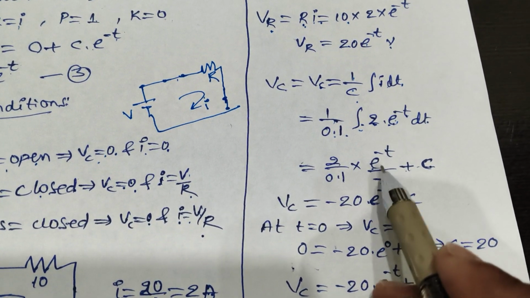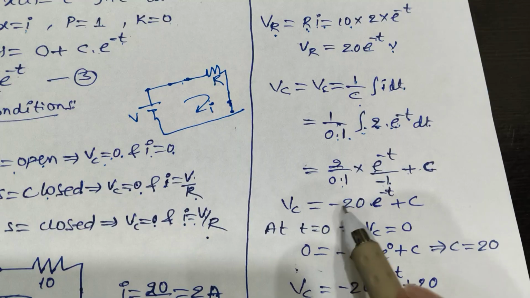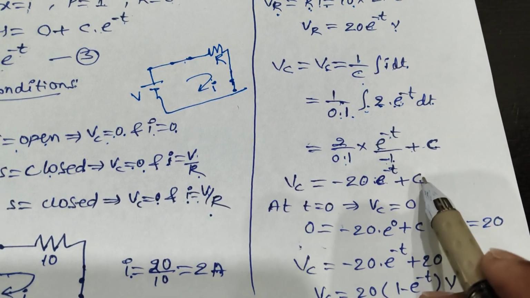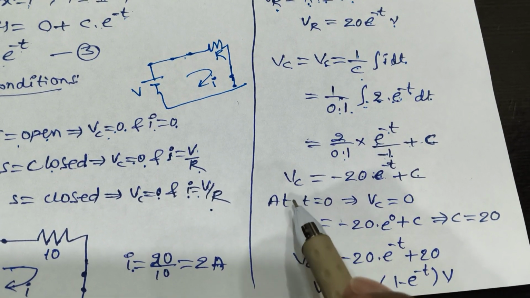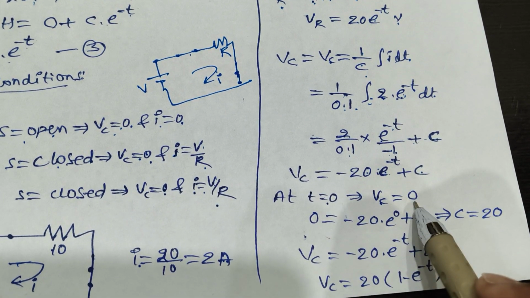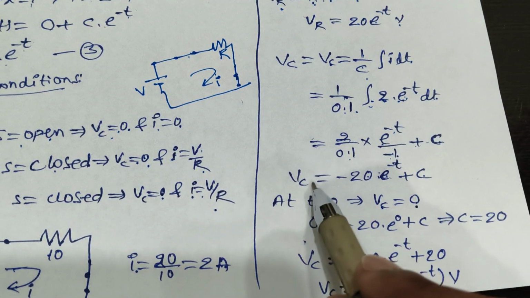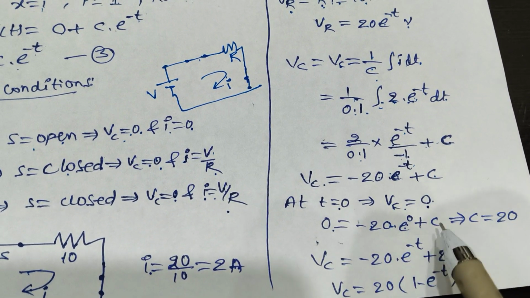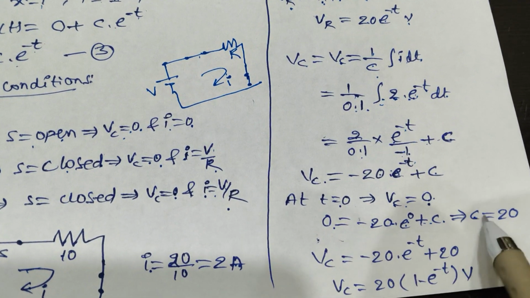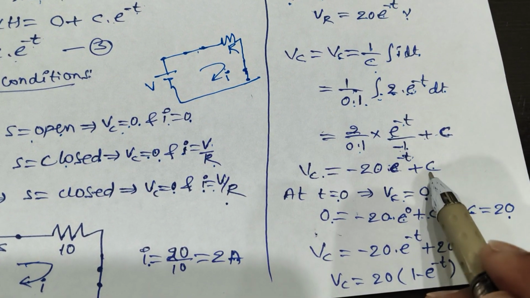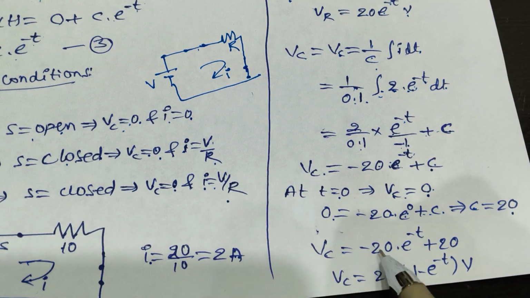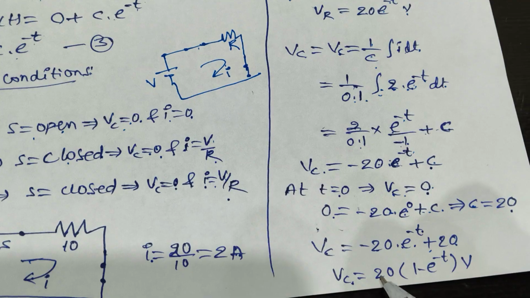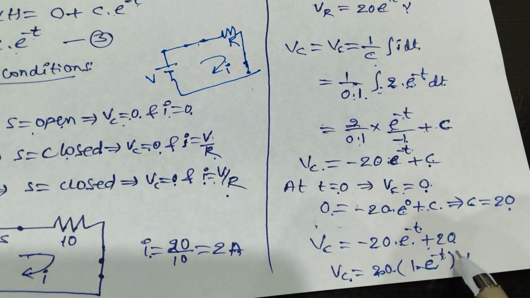Then doing the integration, 2 by 0.1 is 20, so minus 20 e power minus t plus c. To find this c value, use again at t is equal to 0 the voltage across the capacitance is 0, the initial condition. So Vc is equal to 0 minus 20 into e power 0 plus c. From this we get c is equal to 20. Substituting c is equal to 20, Vc is equal to minus 20 into e power minus t plus 20, which is Vc is equal to 20 of 1 minus e power minus t volts.